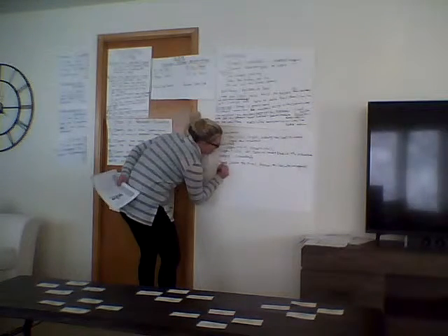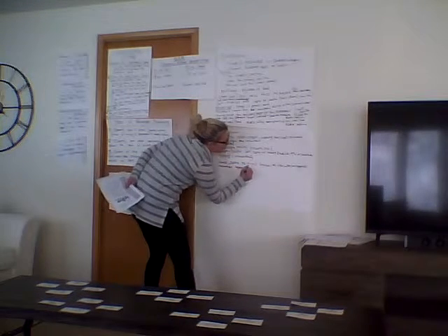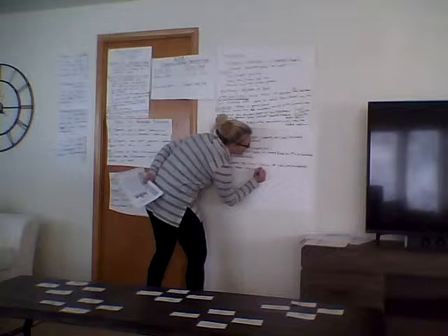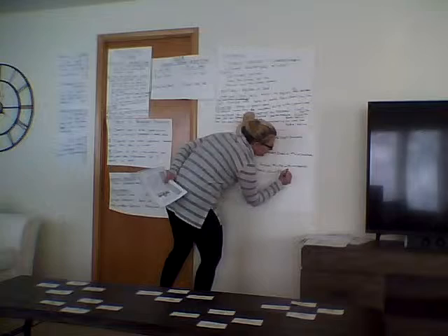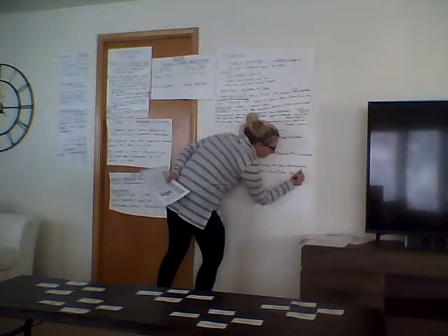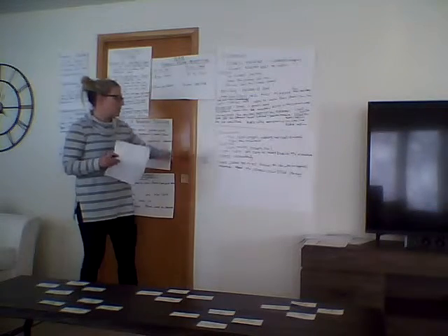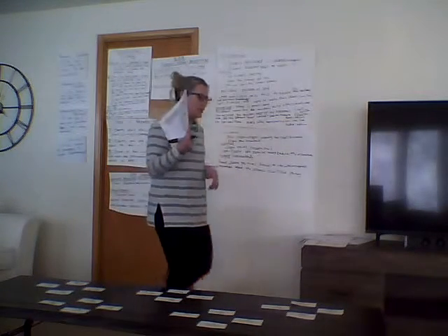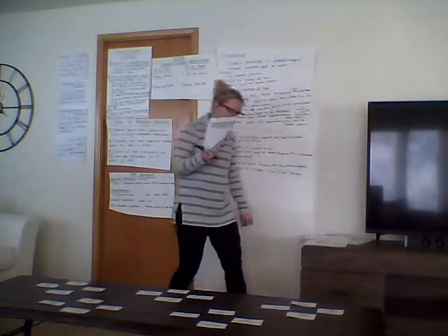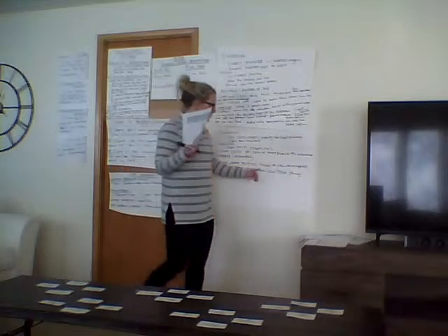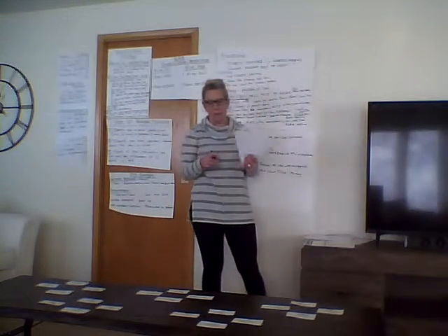Landmarks helped the pioneers during their journey. So now I know three main ideas for what I just read. Good job. Let's check it. 1, 2, 3, 4, 5, 6, 7. We only had 7 words. Good job.